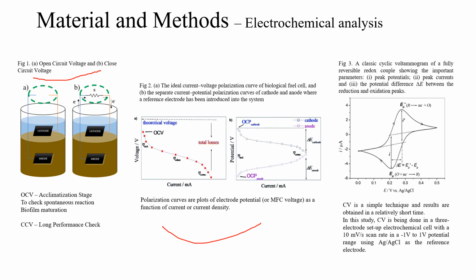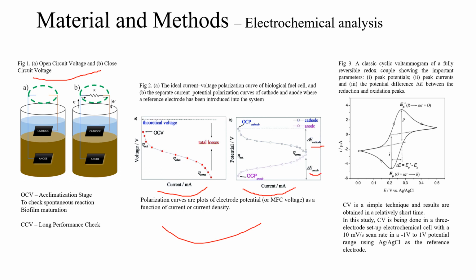And then, from this basic polarization figure, we cannot understand which limitations happen in the SMFC. So by doing an individual polarization like figure B, we can understand both the anode condition and the cathode condition.